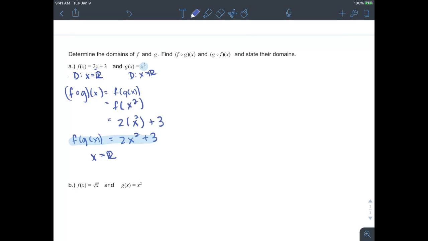Okay. So for b, the other way, g of f of x, we can write this as g of f of x. So we're starting with f of x, which is 2x plus 3.